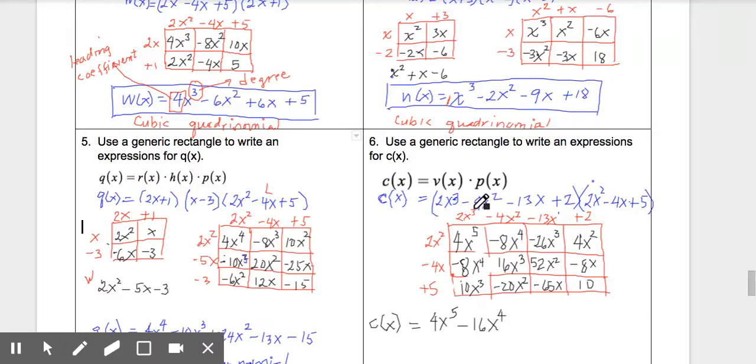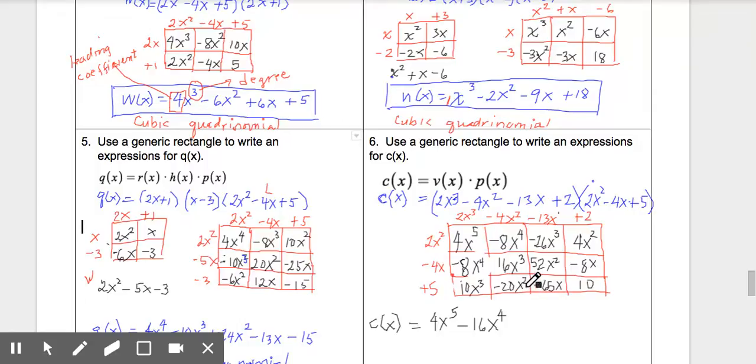When we're multiplying, though, we add exponents. For the x cubed, we have positive 10 and positive 16. We combine the two positives, 26x cubed, and then subtract the negative 26x cubed. That means the x cubed will disappear. They cancel each other, so no more x cubed.